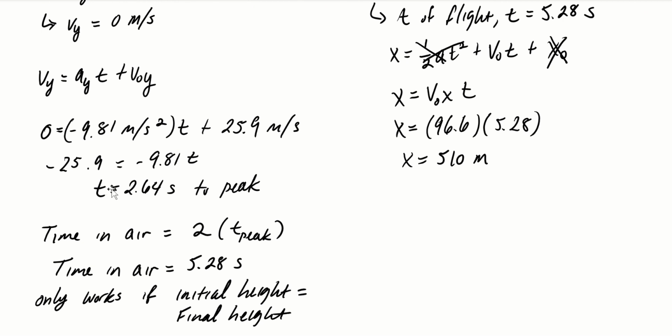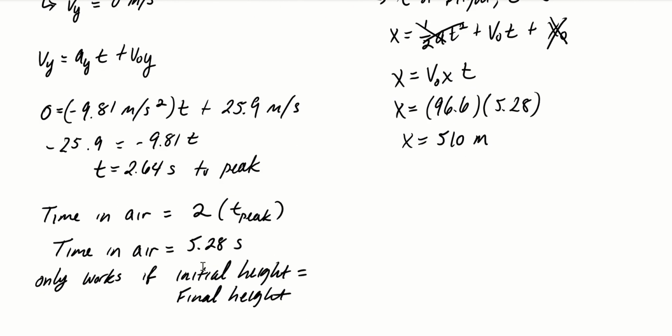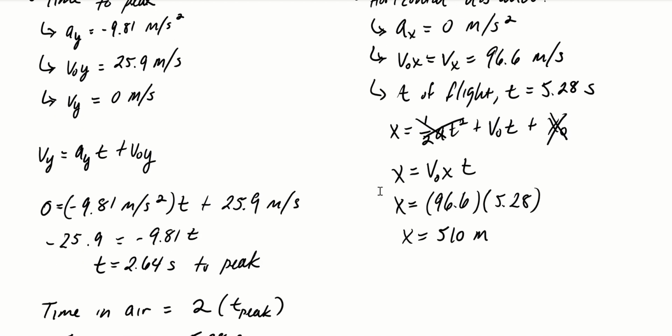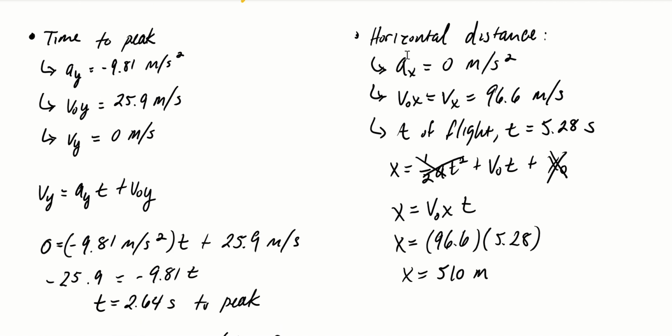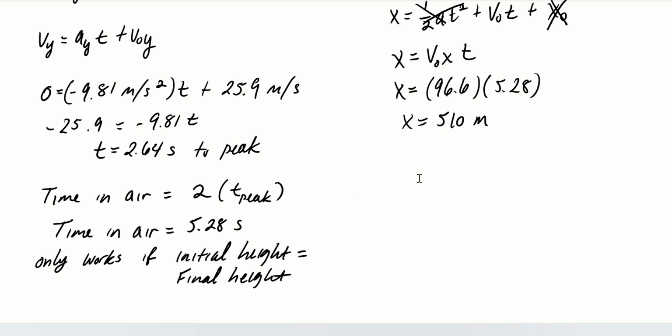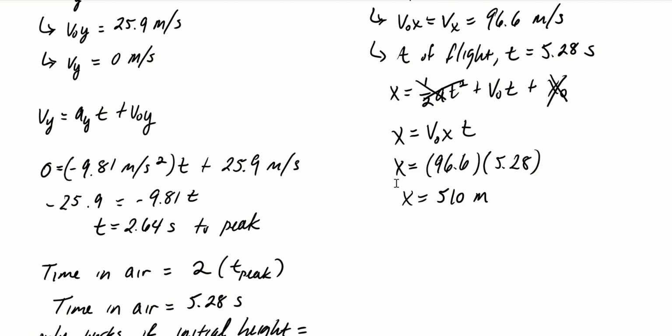The time to the peak is half of the time of flight, only when the initial height is equal to the final height. So you'll just multiply that by 2. So the time in the air is going to be 5.28 seconds. You're then going to use your initial x velocity and the time you calculated in order to find how far the projectile flies in the x or the horizontal direction. So that's it.